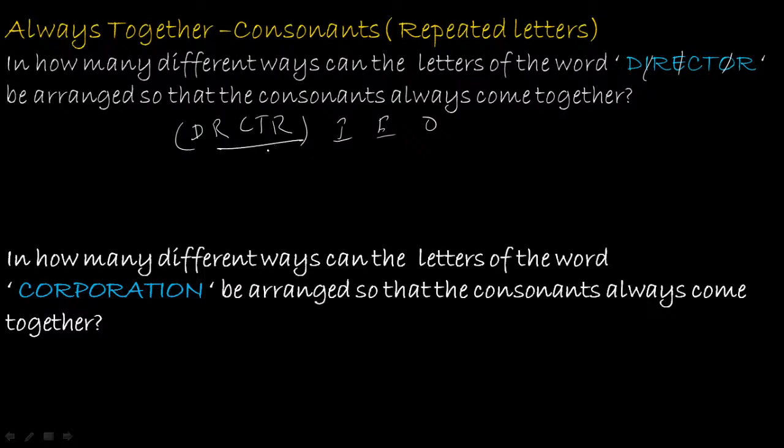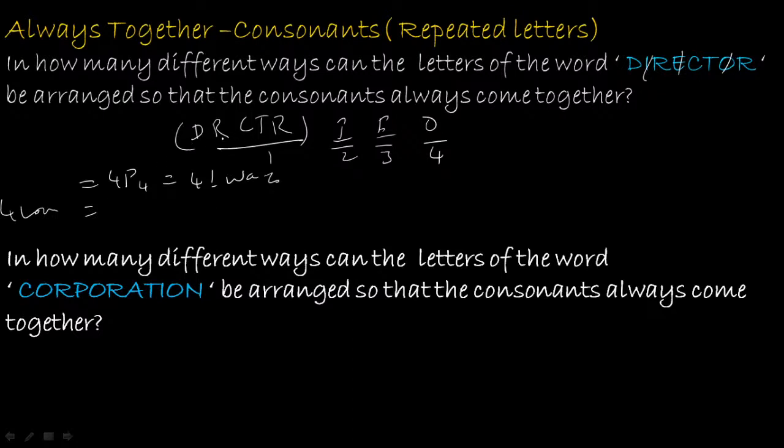So now you have totally 1, 2, 3, 4 letters. These 4 letters can be arranged among themselves in 4P4, that is 4 factorial ways. And the consonants, look at the consonants, you have 4 consonants and 4 consonants can be arranged among themselves in 4P4, isn't it?